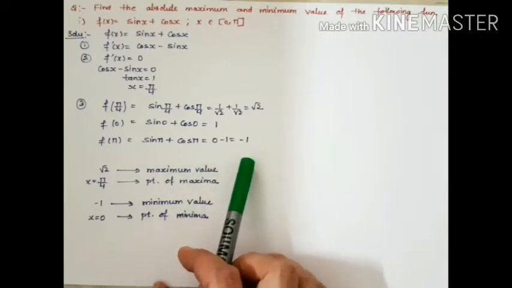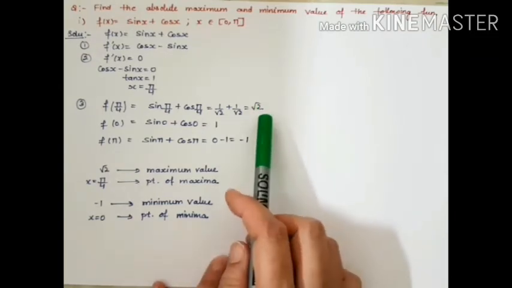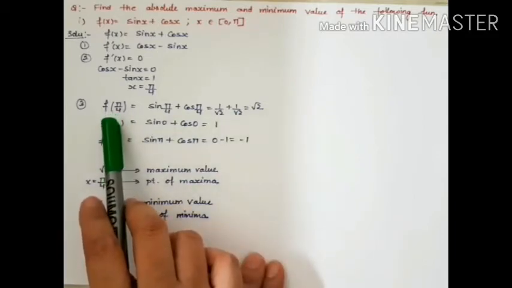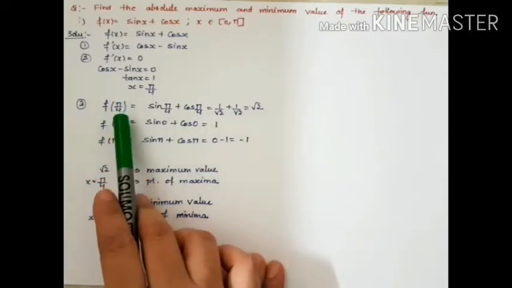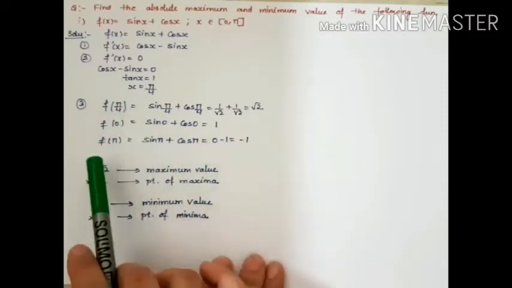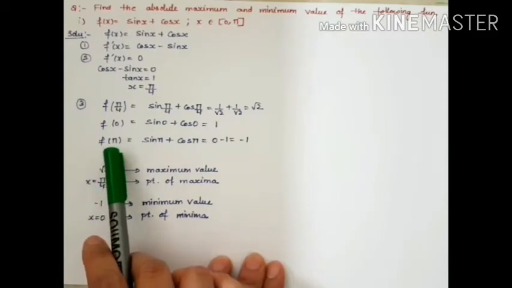And hence we can say that the maximum value out of all these is root 2, and the point of maxima will be pi by 4. Similarly, the minimum value is minus 1 and the point of minima is going to be pi.